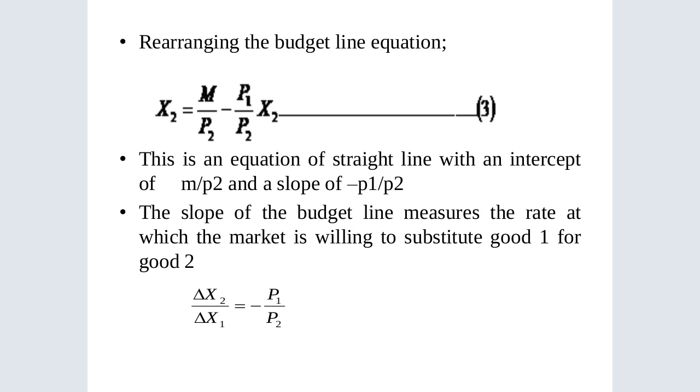That is the amount of good 2 that you can give up in order to obtain one extra unit of good 1. So the change in good 2 over the change in good 1 is given as the slope of that line, which is negative P1 over P2.